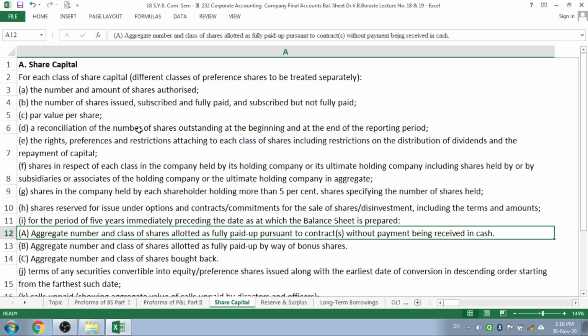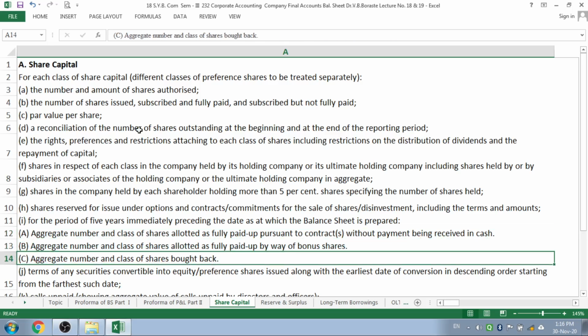As well as we have to mention in this note the aggregate number and class of shares allotted as fully paid up, by way of bonus and by way of contract. Aggregate number and class of shares, if there is a buyback, has to be mentioned in this note.